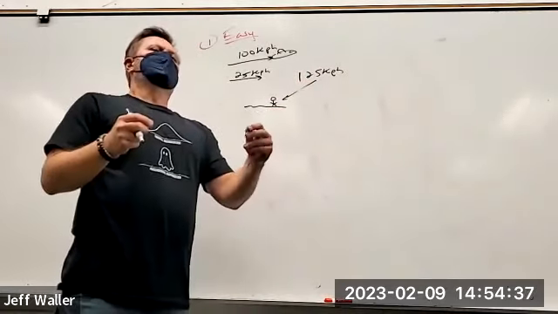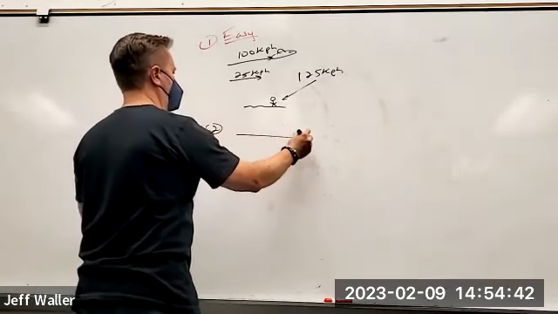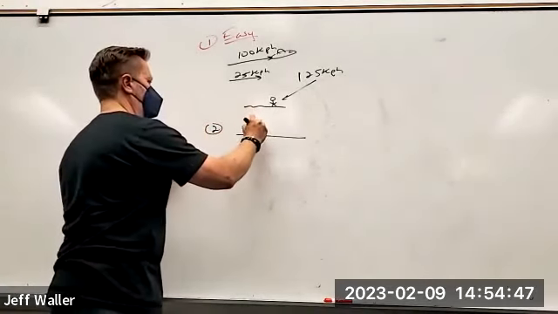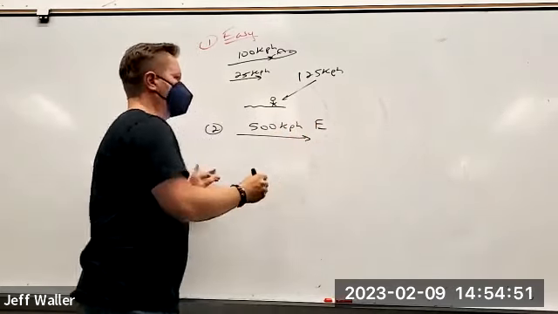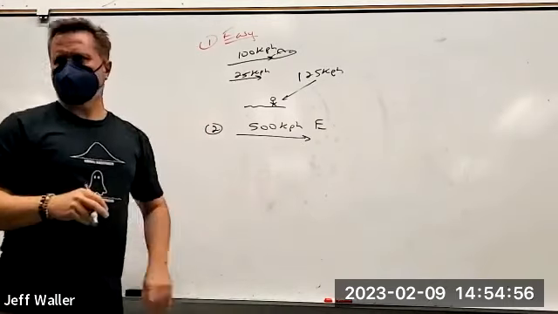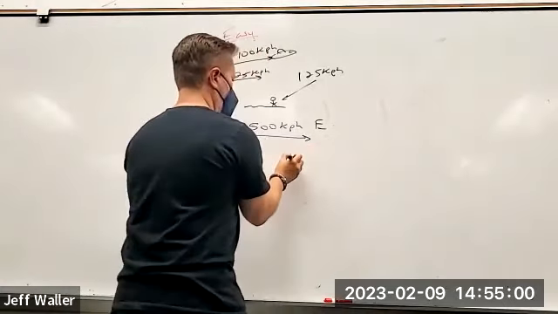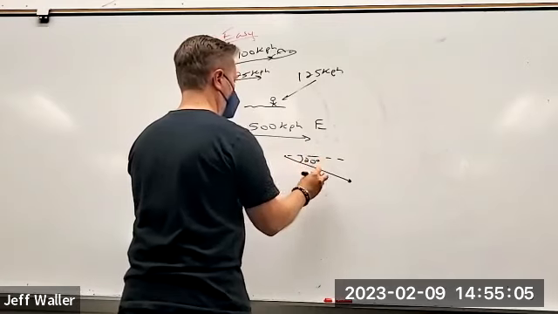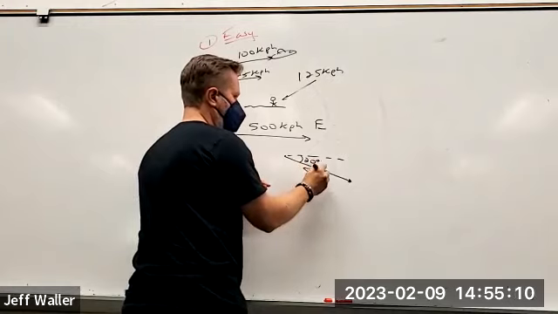Now, here's a much harder problem. Let's say I've still got this plane going, and let's make it 500 kilometers per hour east. And there's a wind coming 20 degrees south of east at 80 kilometers per hour.